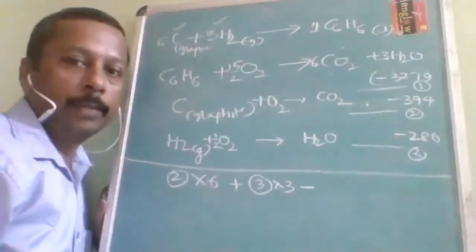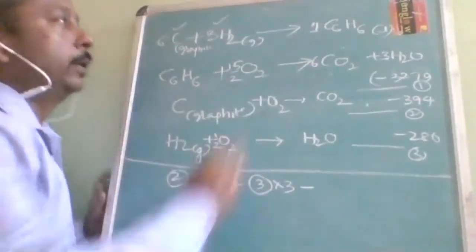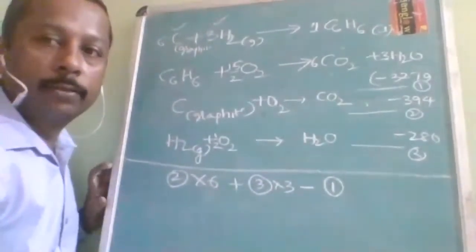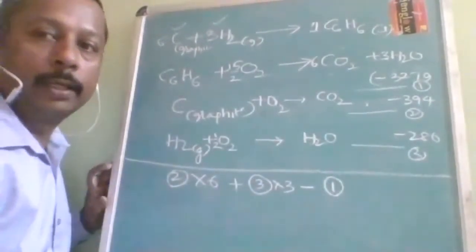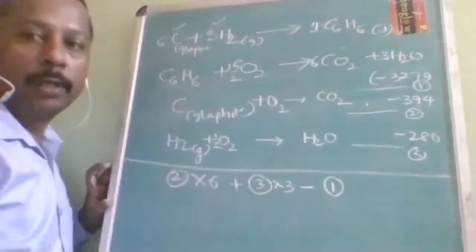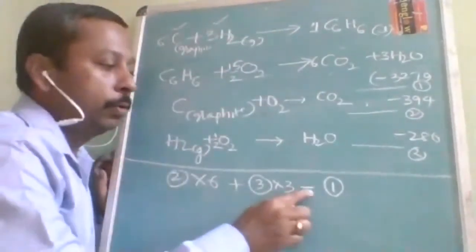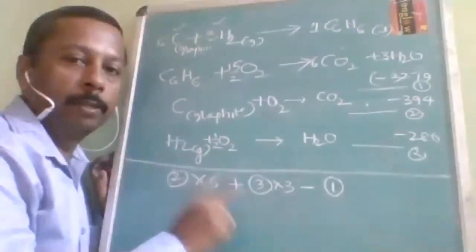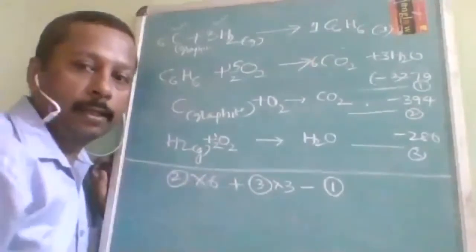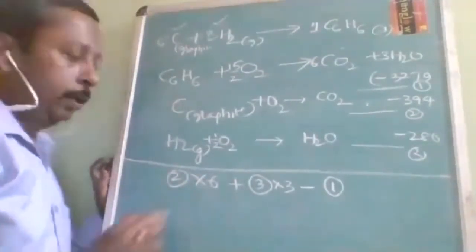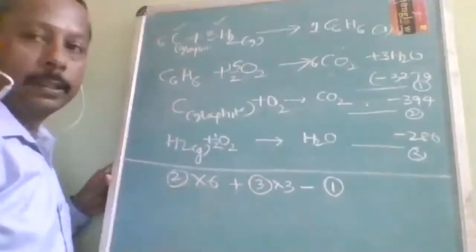So equation number 1 with minus, and for the mole side there is no problem, because it is 1 mole and here also 1 mole. Is it understood when to multiply with minus, when to multiply with a number, when to multiply with plus? If these 3 things are understood, then it is easy to manage this type of question.